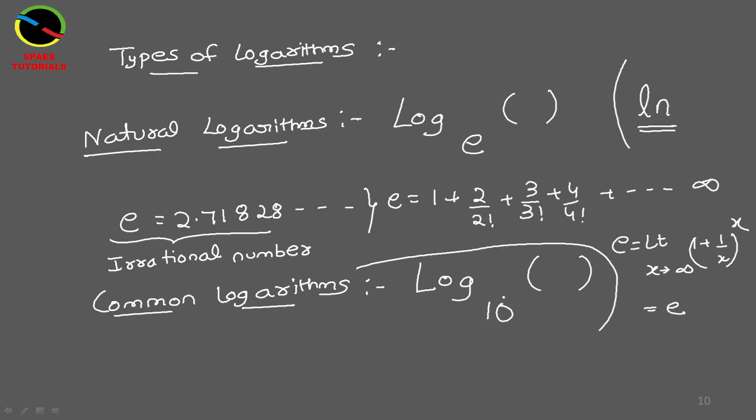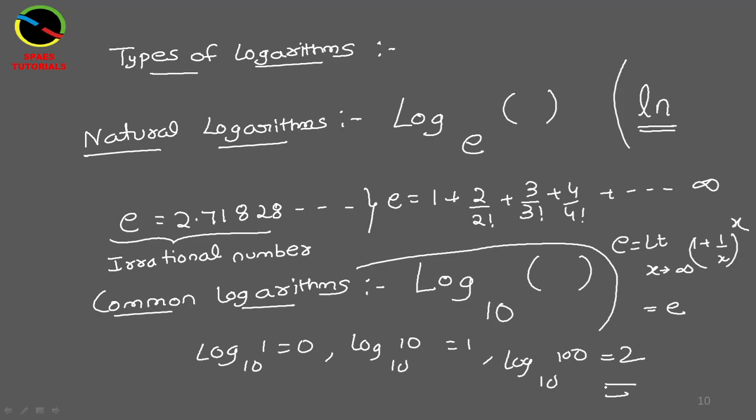Now in common logarithm the base is 10, so this is taken for very comfortable calculations, and we can understand easily that log 1 base 10 will be 0, log 10 base 10 will be 1, log 100 base 10 will be 2. This is taken for very comfortable use. So this is about the types of logarithms.